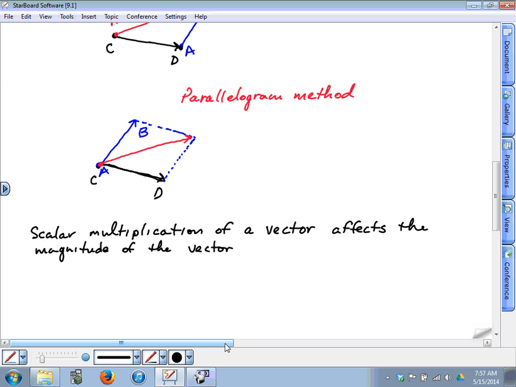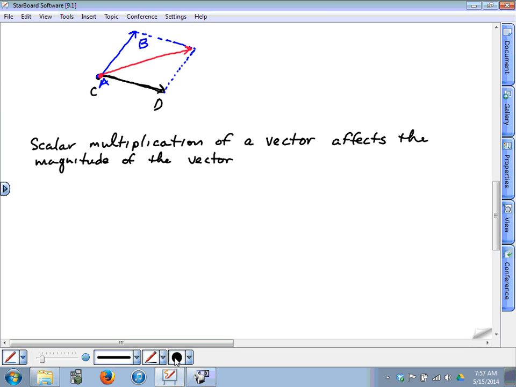So if I take a single vector and multiply it by a scalar, that changes the magnitude. What's magnitude of a vector? The length. The distance. So if I take a vector and multiply by a scalar, it changes the distance or the length of the vector.